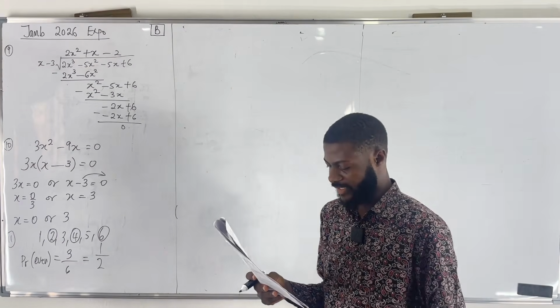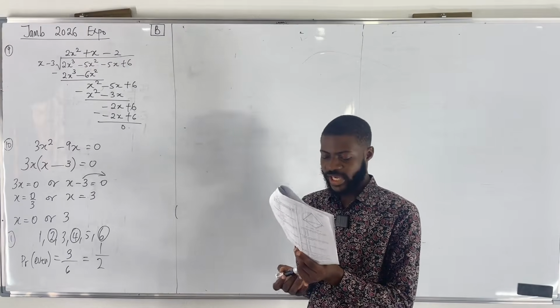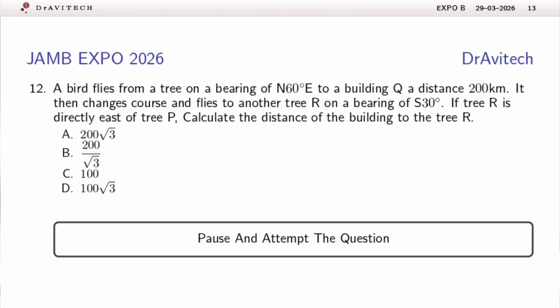Let's take a look at the next question. So the next one says, a bird flies. Many of you, when you see this question, what comes to your mind is skip. So a bird flies from a tree P on a bearing of north 60 degrees east to a building Q, at a distance of 200 kilometers.